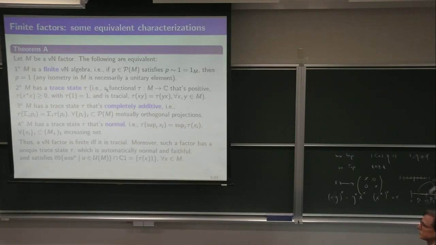In fact, it's equivalent to having a trace that's completely additive, exactly like for a measure. So the trace of a sum of mutually orthogonal projections is the sum of the values at the projections, or normal, which is also equivalent to this, and a bit stronger than that.